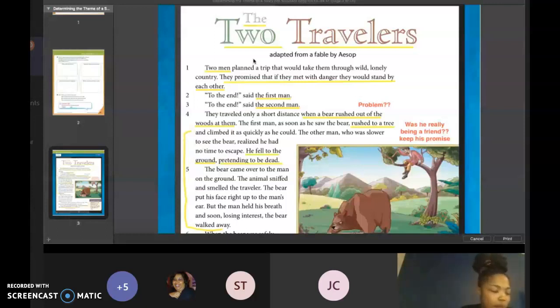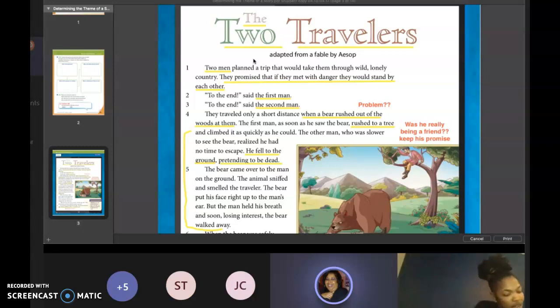Throw it over in the chat box. Who are our characters in this story here? Make sure you mute your background. And let's see who's going to put in the chat box first. Who are the characters? The characters are who? Ashlyn made it first. Yeah, the first man and the second man.